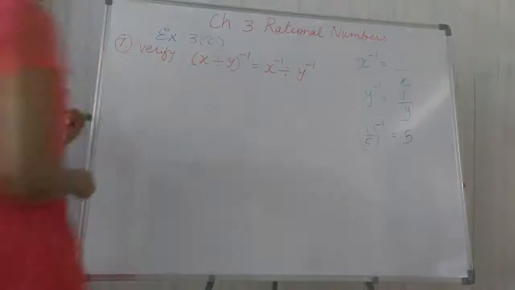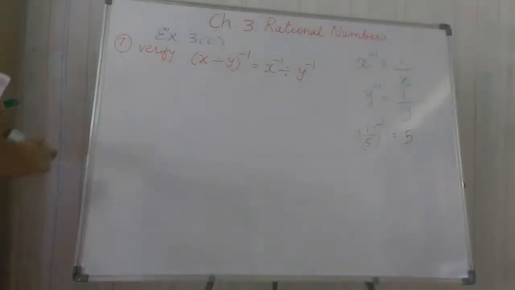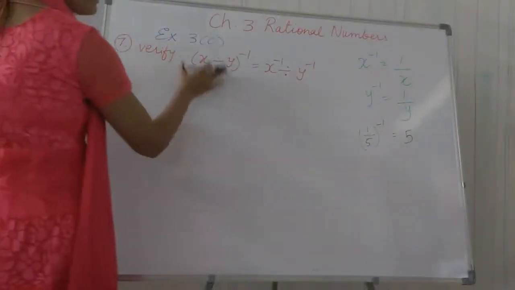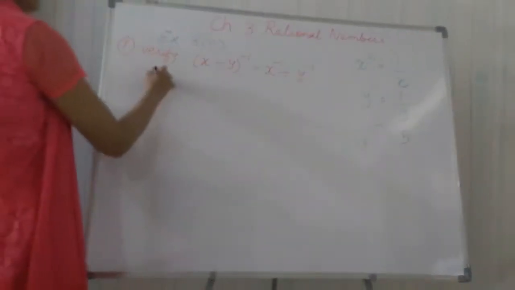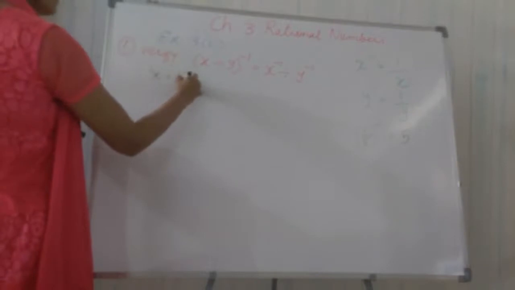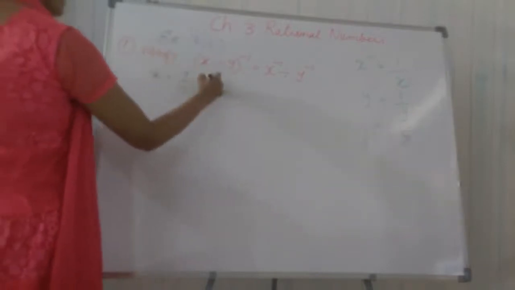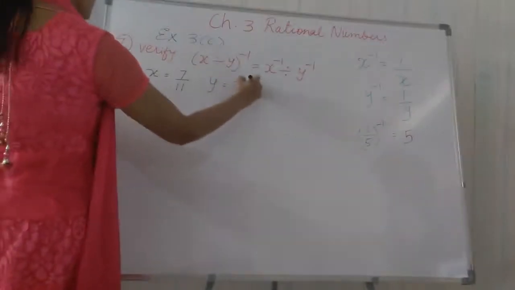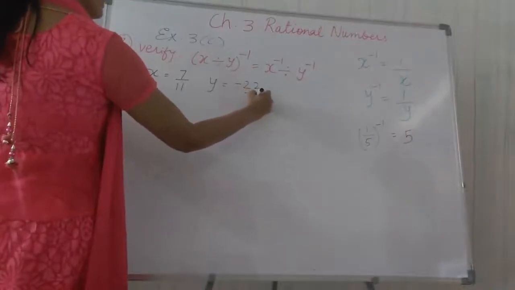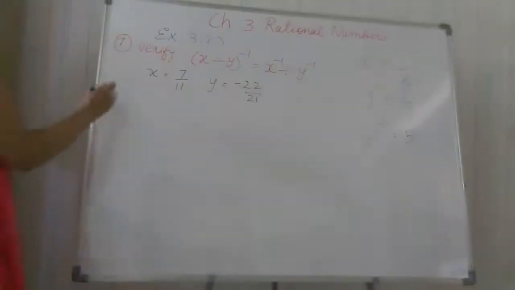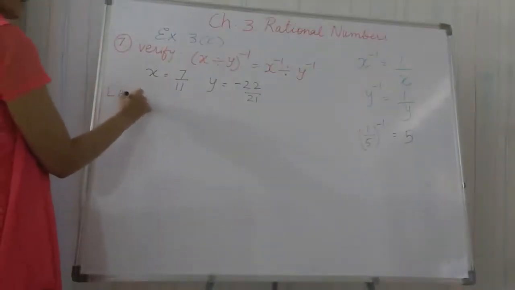Whenever verify type of questions come, it means you have to show left hand side is equal to right hand side. Here we are given values, x is equal to 7 by 11 and y is equal to minus 22 by 21. So we start with our left hand side.